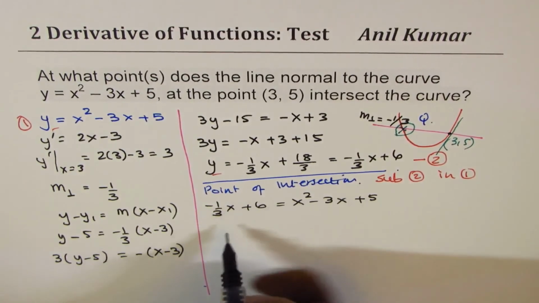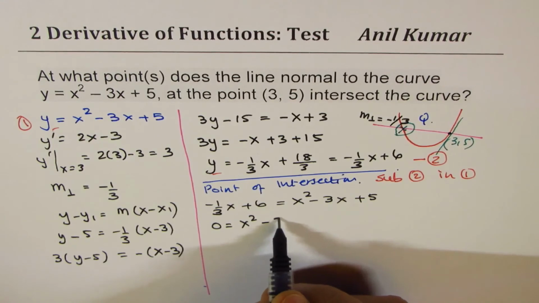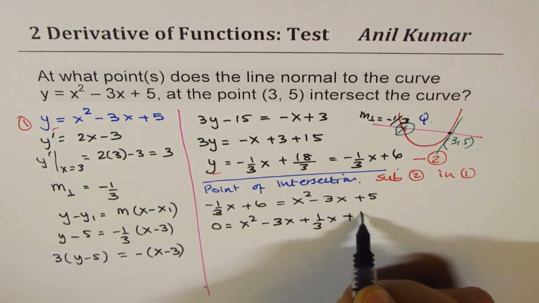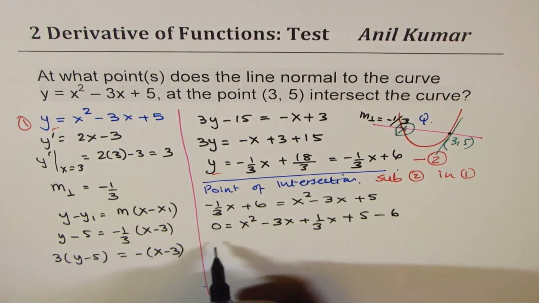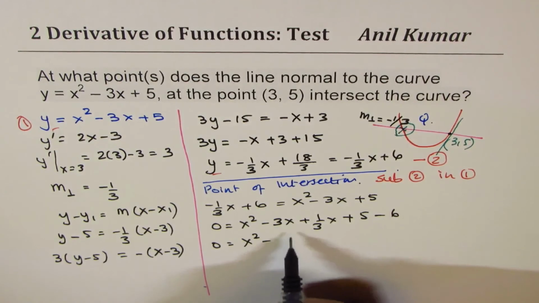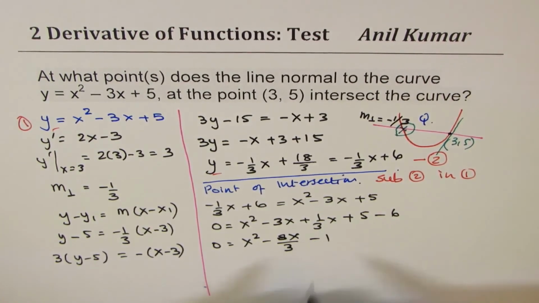Okay, bringing them all together, we have 0 equals x squared minus 3x plus 1 over 3 x plus 5 minus 6. That gives me minus 9 plus 1, minus 8x over 3, and here we have minus 1.